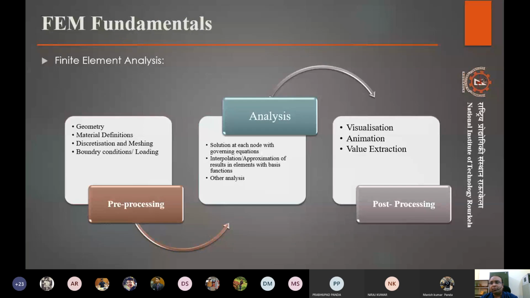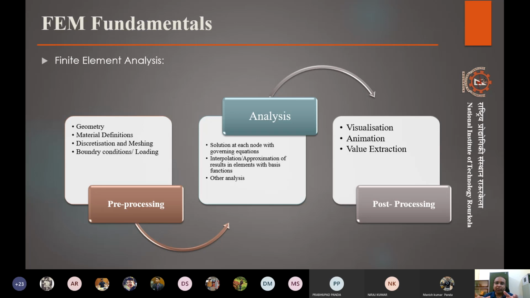So finite element analysis, when we talk about it, is a concept. With this, we have to understand that when we talk about finite element analysis, it doesn't mean we are talking about any software, because many software use finite element analysis, but they use it in very many different ways.